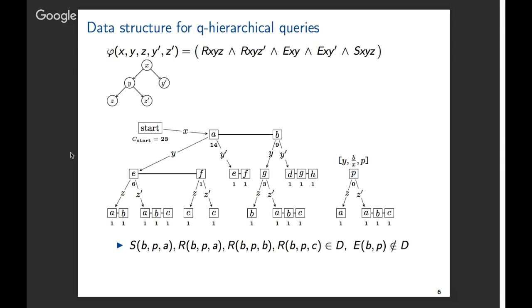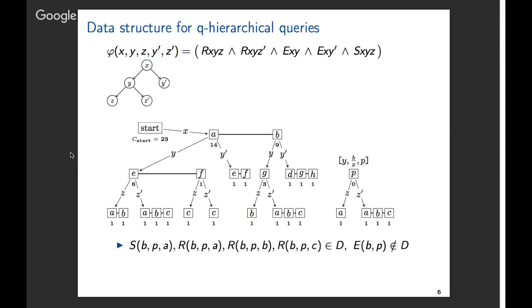So the query result might be of large size, say n to the k, and this representation is only linear in the size of the database. One additional thing we have to take care of is that we do not only encode all tuples that are in the result relation into this data structure, but also do this for parts of the query that are not actually present in the query output.